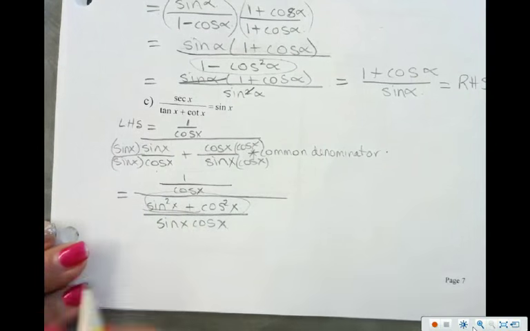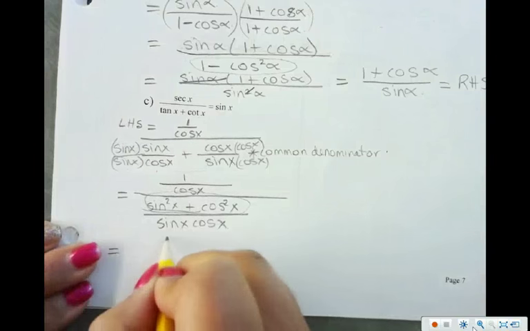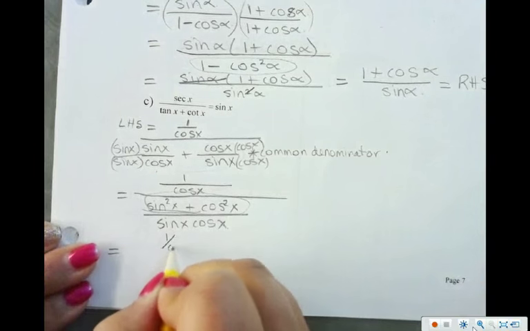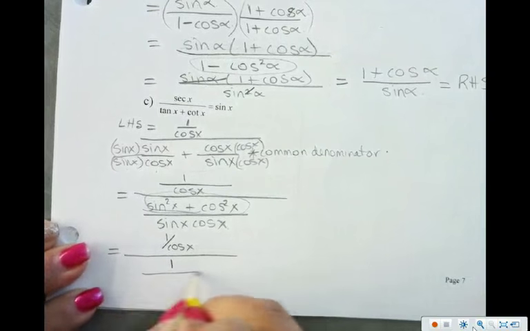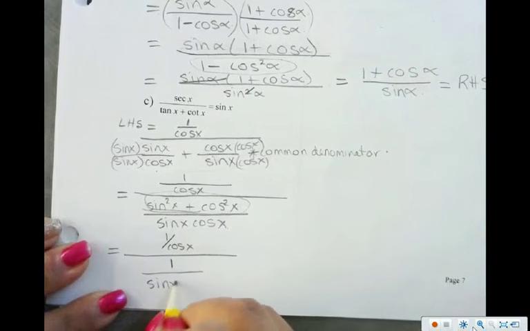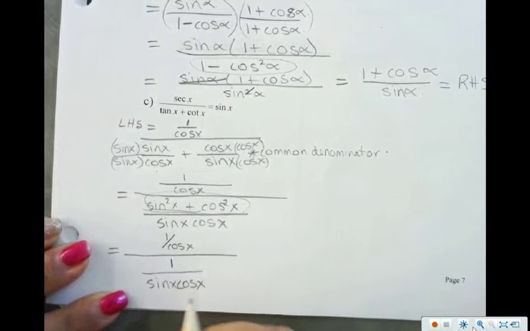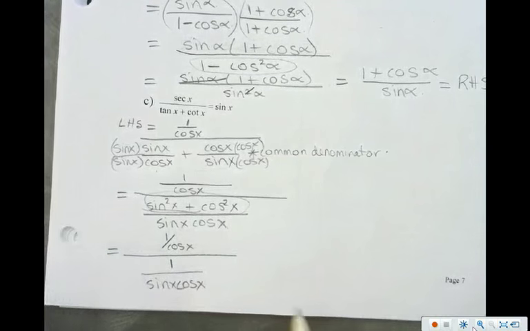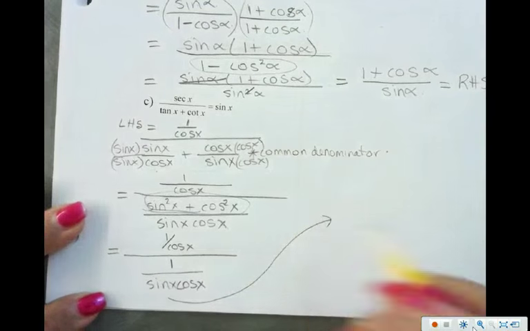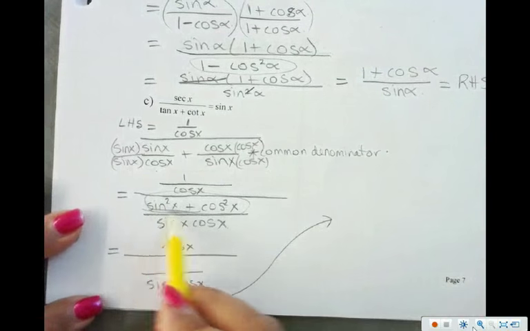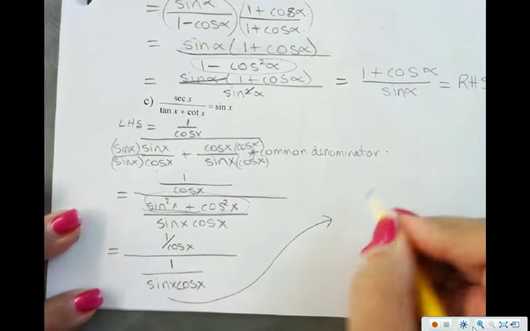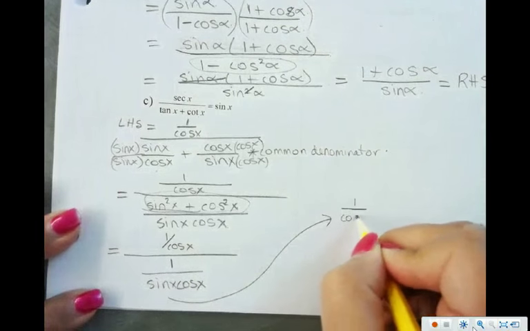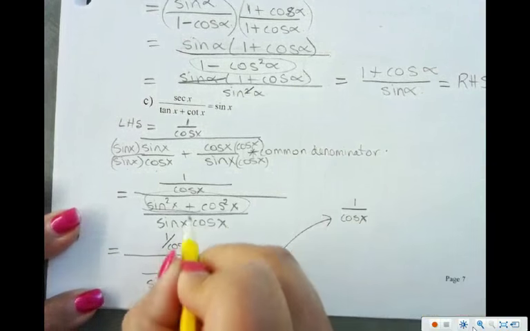What is that equal to? One. Sine x cos x. All right. Oh, yeah. This is 1. Okay, so now this is 1 over cos x. It's a Pythagorean identity.